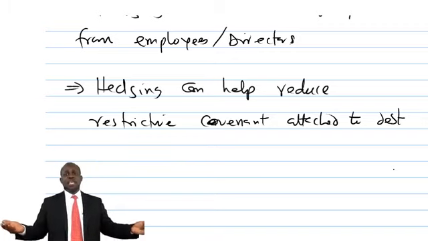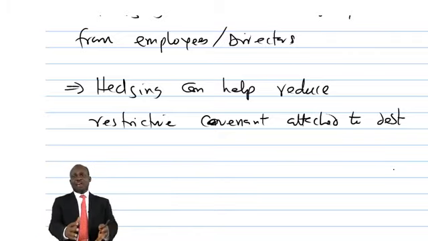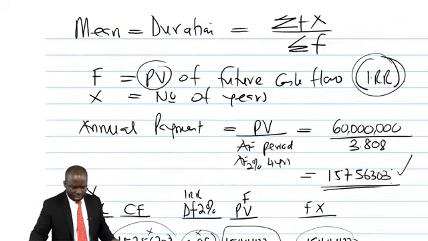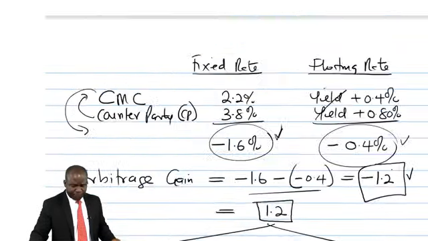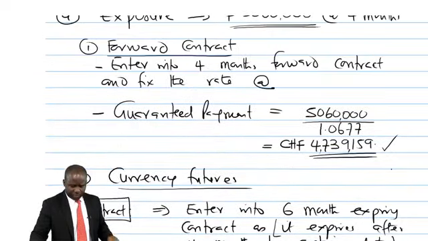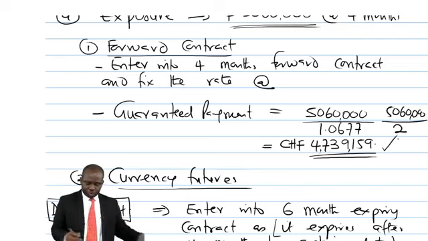For instance, if I have to receive money in dollars and I enter into a forward contract and fix it, let me use this example that we did to illustrate the forward contract. We said we are fixing the rate at this. What if on that day of exchange the market rate was, let's say, 2? If it was 2, it means in the market I would have got 2,530,000.